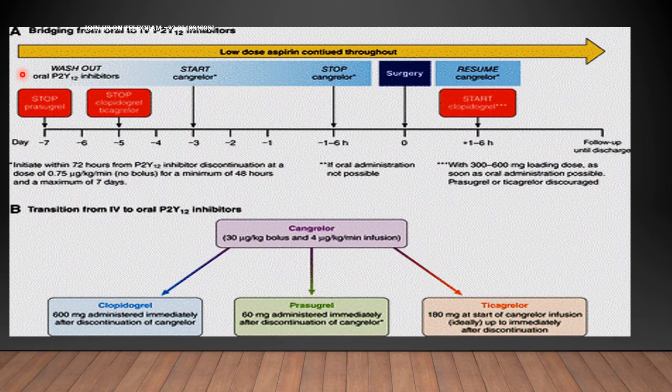For both cardiac and non-cardiac surgery, if withdrawal of P2Y12 inhibiting therapies is required, prasugrel is stopped 7 days, clopidogrel and ticagrelor are stopped 5 days, Cangrelor is started at 3 days, and it is stopped approximately 1 to 6 hours before the procedure.